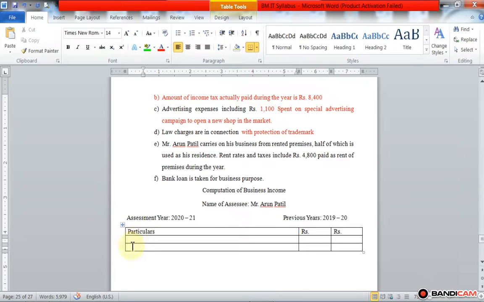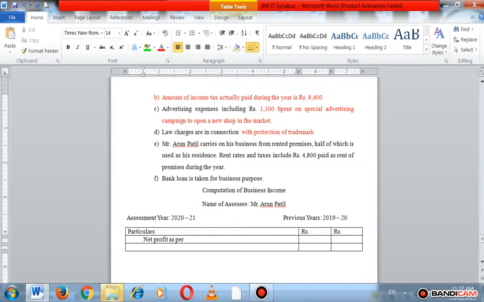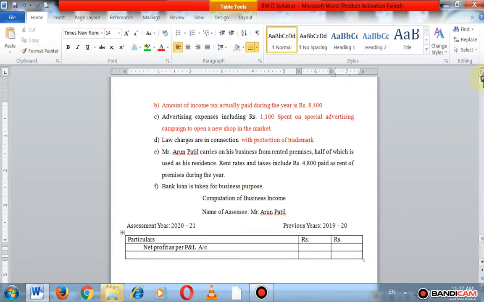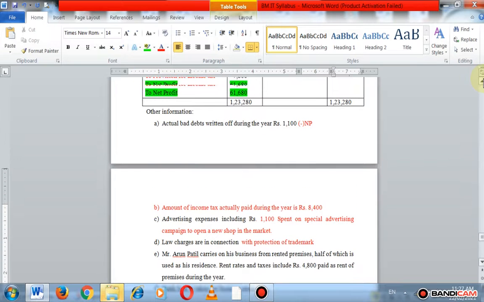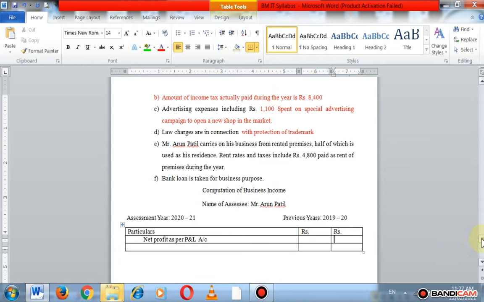Net profit as per P and L account, given in the problem, is 61,680.